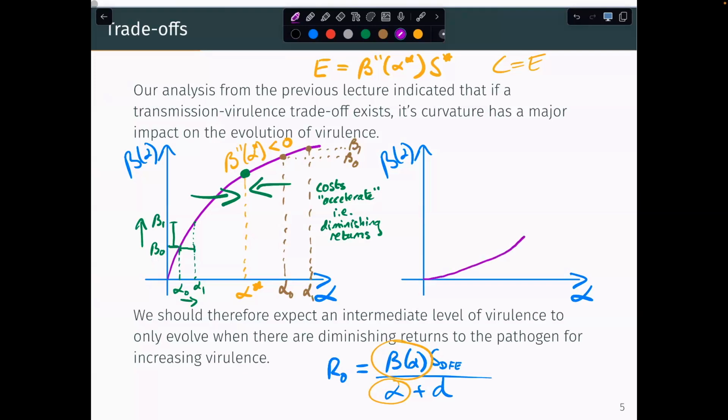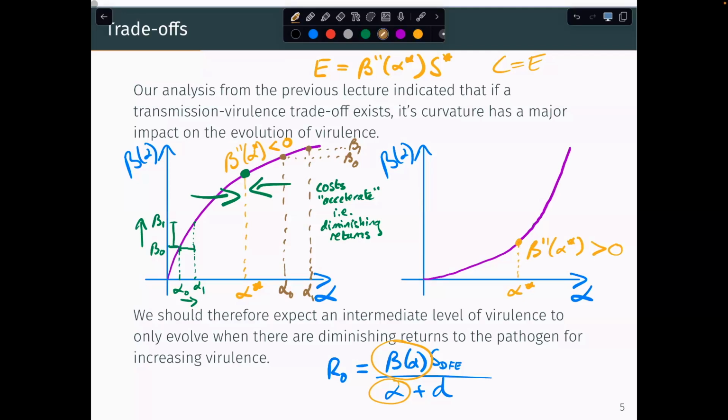Now let's think about what happens if we change the curvature. Maybe it looks something like this now. Again, we can think about what an alpha star might be on this curve, and here our curvature is going to be positive. So all we're essentially doing now is reversing the argument that we had before.